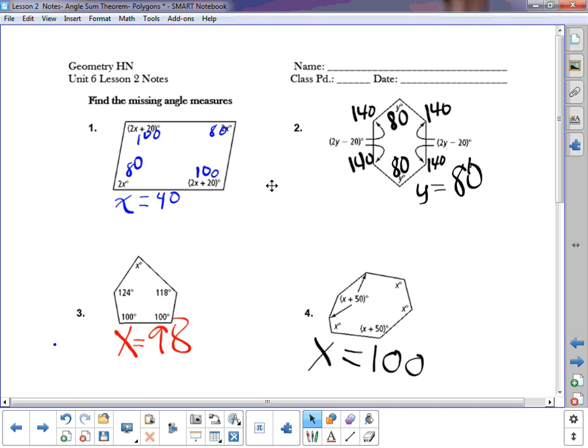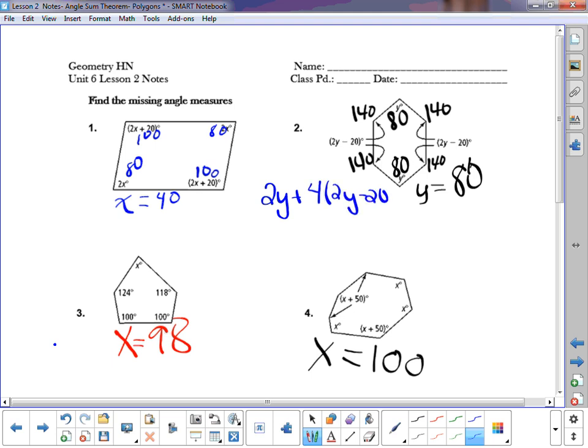Paige, did you have a question? We got 126. For y? So you're set up for number 2. Our setup for number 2, I have y plus y, or 2y. And then I have 2y minus 20, four times.